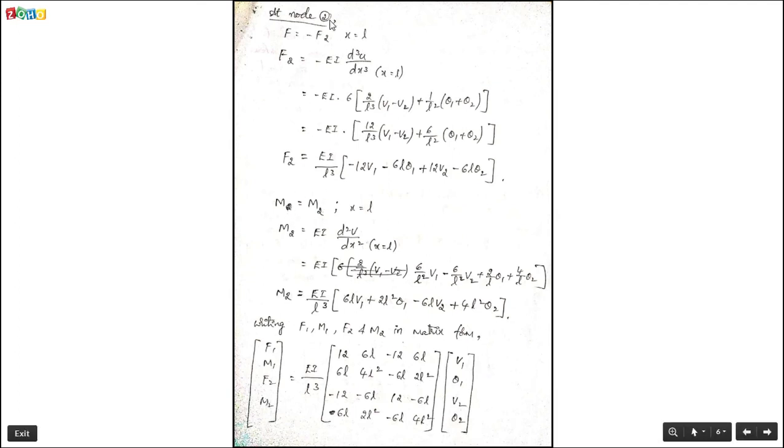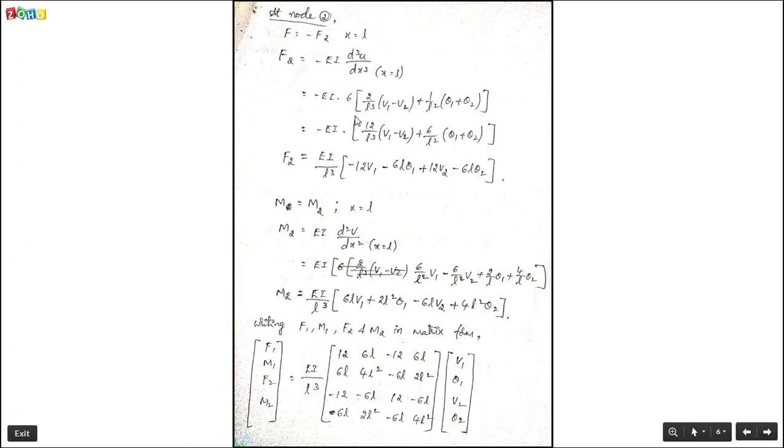At x equal to L, node 2, what is the formula? F2 equals minus EI into d cube v by dx cube at x equal to L. This is the formula you have to substitute here. Multiply it into the entire equation, take the common L cube, and we get this equation.